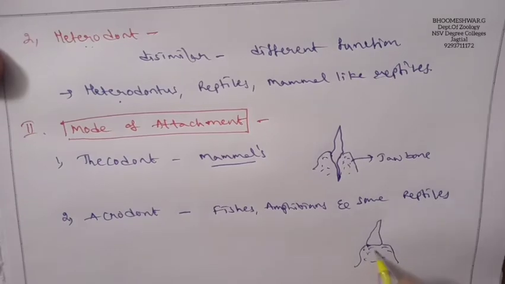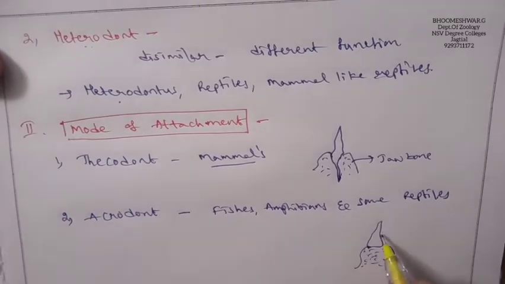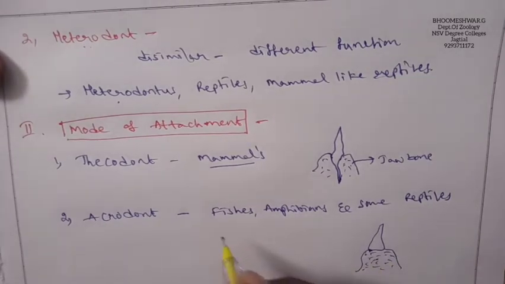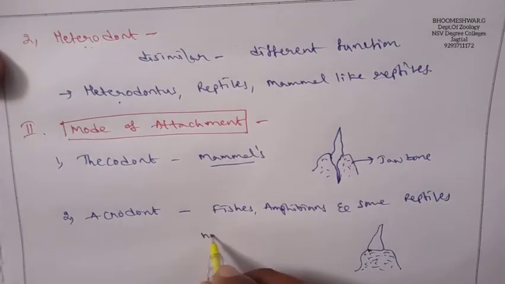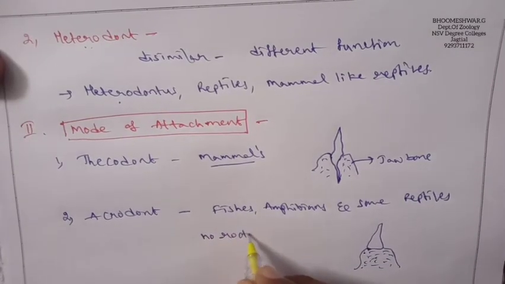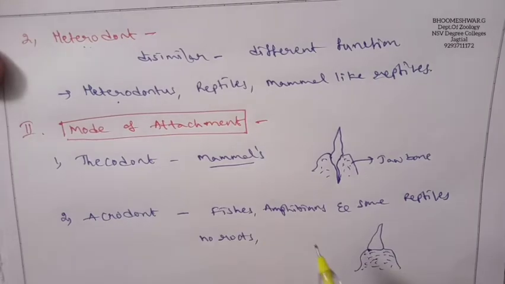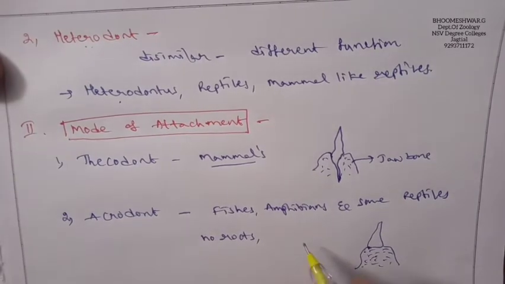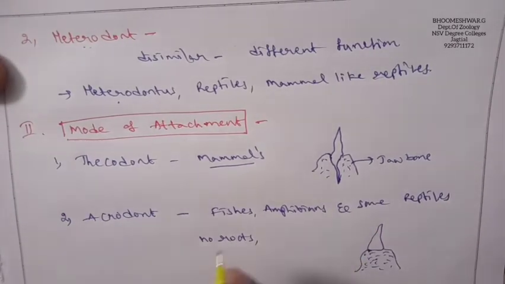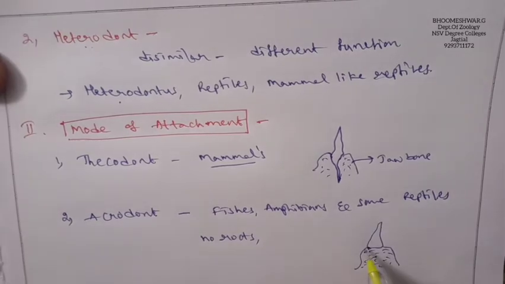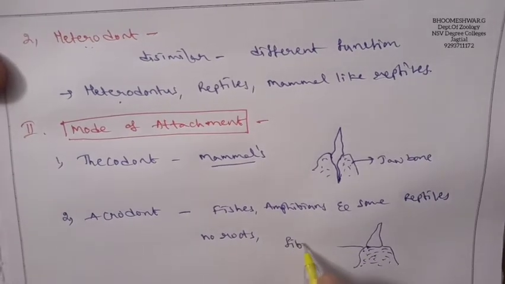Here is the jawbone, and the teeth are simply fused to its surface. There are no roots in this type of teeth, and they are attached to the edge of the jawbone by a fibrous membrane.